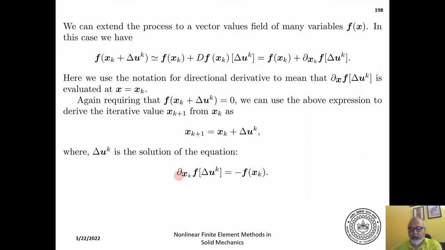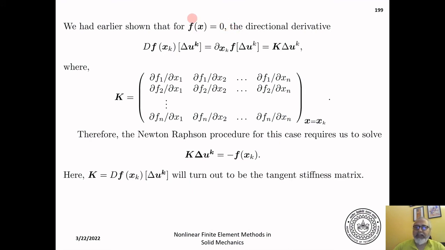So now this quantity we have evaluated before, and we have done a problem some time ago where we showed that for n equations involving n variables of the form f(x) equal to 0, the directional derivative with respect to x of f in the direction of some vector delta u can be written as K times delta u. Delta u in this case is the kth estimate delta uk, and K is this square matrix.